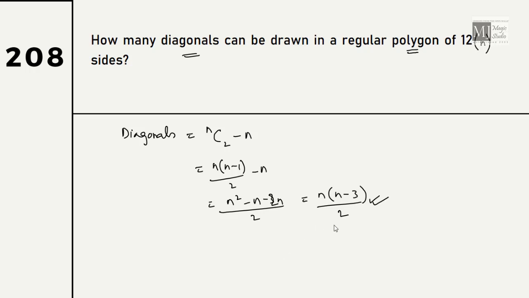Number of diagonals in a regular polygon of n sides is n into n minus 3 by 2. Here our polygon has 12 sides, so number of diagonals would be 12 into 9 by 2, 6 into 9, 54 diagonals.